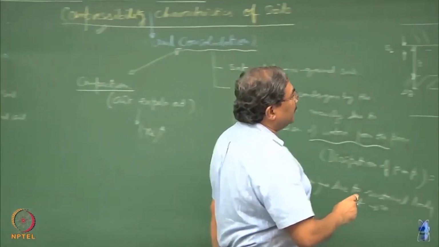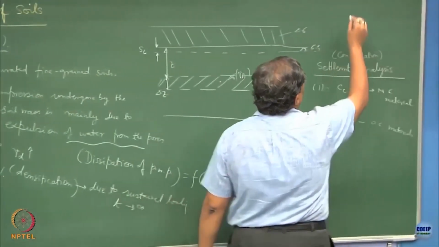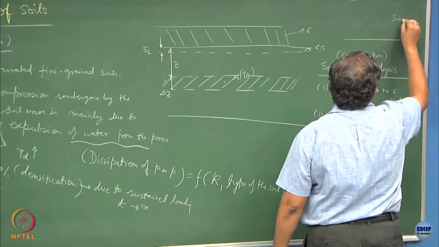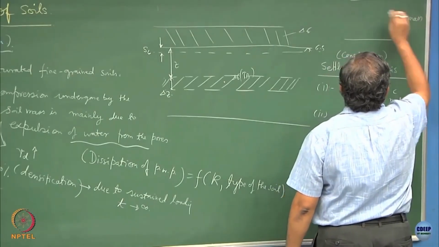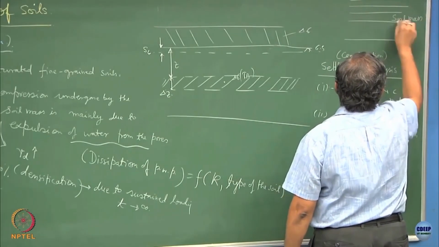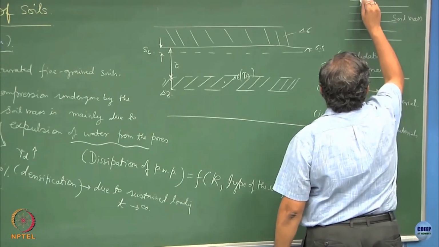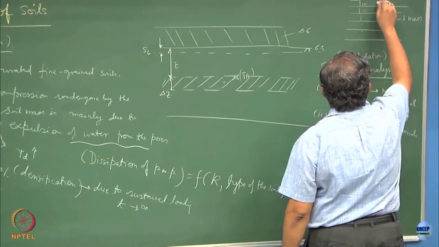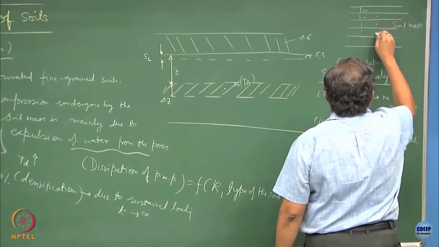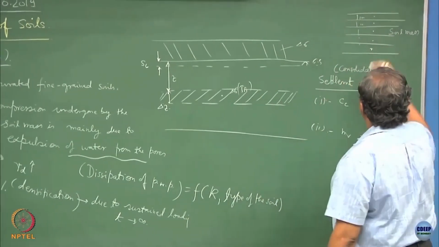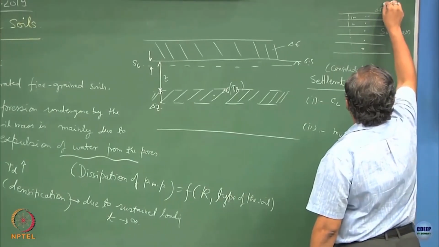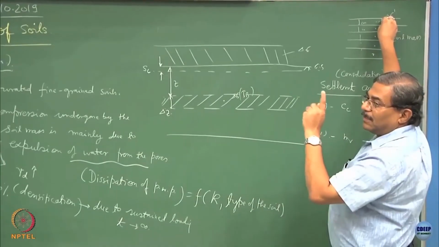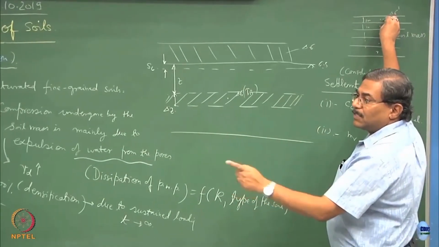So, what we do is the entire region or the soil mass is divided in small strips, normally of 1 meter thick, okay, and at the center of these strips we compute delta sigma prime, and this delta sigma prime is going to cause the settlement of the system.